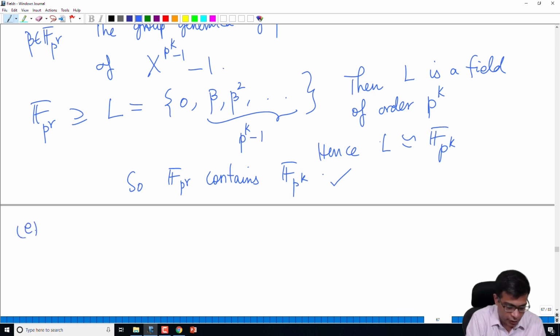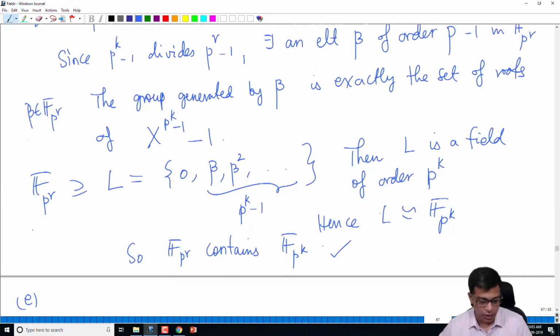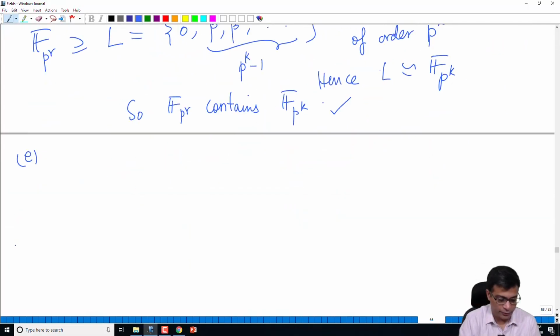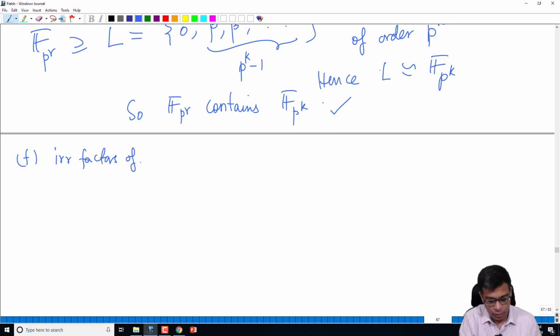Okay, so this is part D. So finally, let me quickly prove the last part, part F. This is about the irreducible factors of x power q minus x in Fp[x].